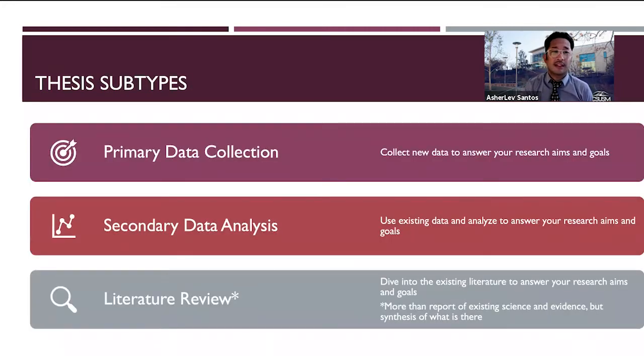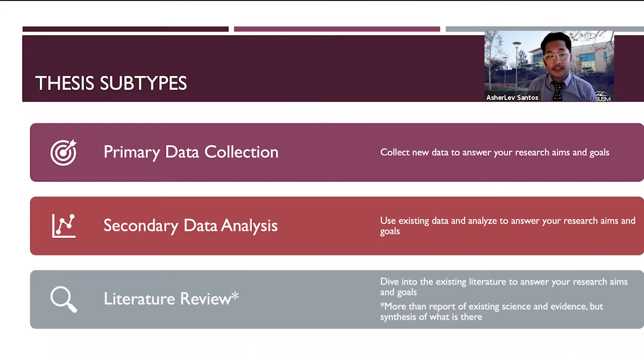Now, looking at general subtypes of these projects, a thesis project might be a primary data collection project where you're actually creating and observing new data. And hopefully that data will be analyzed and will answer your research aims and goals.